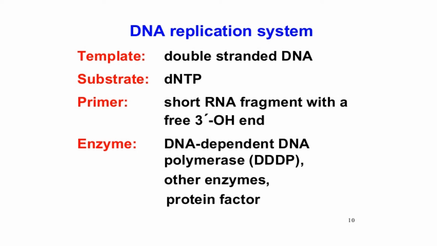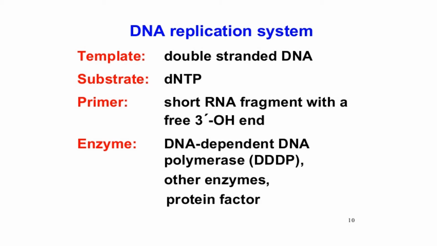Then comes the primer. A very strange thing: the primer is not a DNA template, it is an RNA fragment. A short RNA fragment with a free 3' hydroxyl end acts as a primer for the synthesis of DNA. As you have studied in glycogen synthesis, the same thing is present there: a glycogenin protein acts as a primer, and after that further glucose moieties are assembled together to form glycogen.